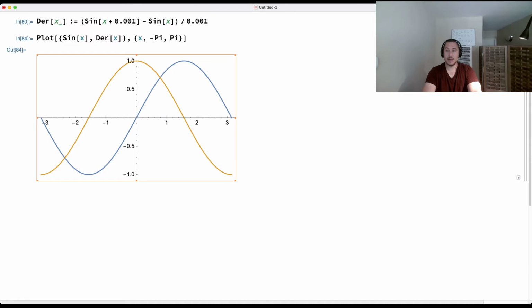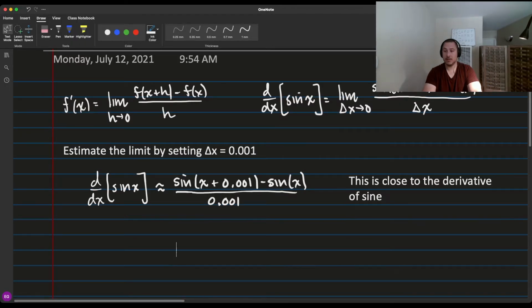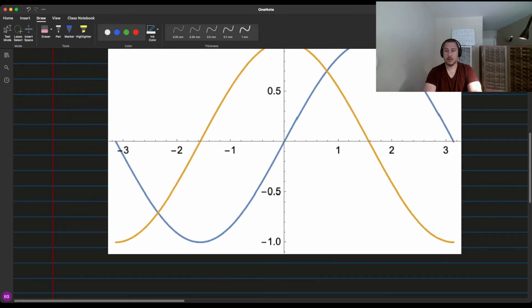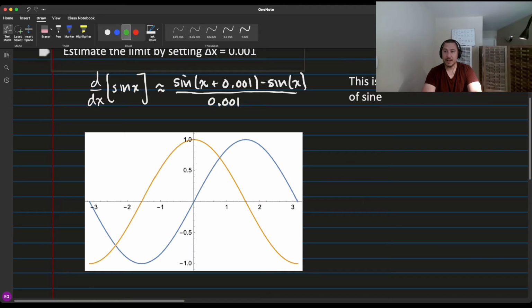So let's copy the graphic and go back to OneNote. It's way too big, let me change that. Okay, there we go. So what we have here is, in blue, sine, and in orange our approximation to the derivative of sine.